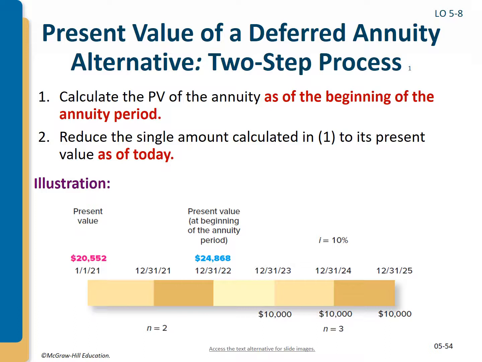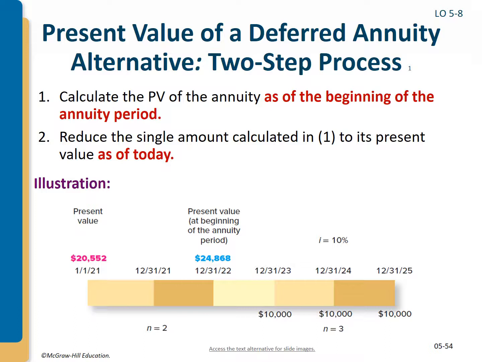We're asking, what is the value of those 10,000 payments at the beginning of 1/1 of 21? So now we have to calculate the present value of one amount. Okay, so what is that future value worth today?